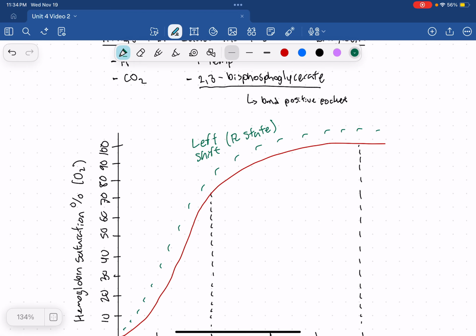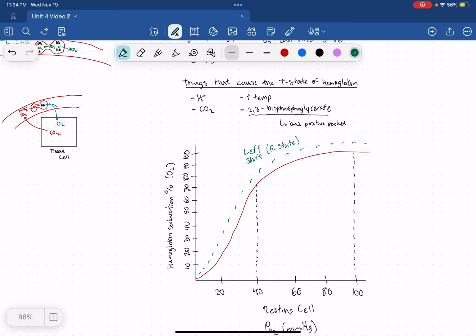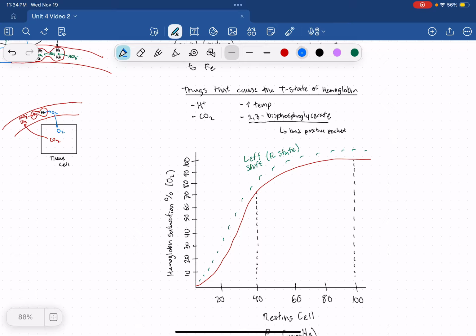In the R state, it more readily binds oxygen, so we're going to have a higher percentage of oxygen bound to hemoglobin there, right? We can also have a right shift to the curve. A right shift to the curve is when hemoglobin is in the T state. In the T state, oxygen does not bind as well to hemoglobin, and so we'll have a decrease in the amount of oxygen saturated to hemoglobin.